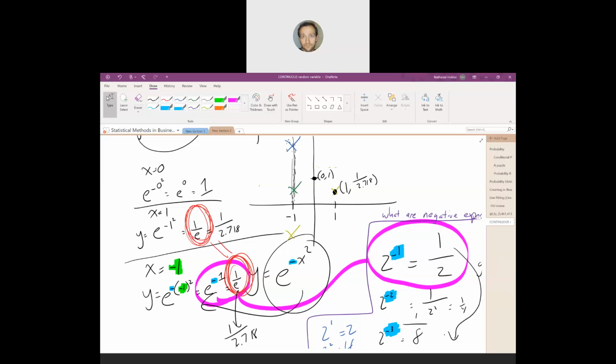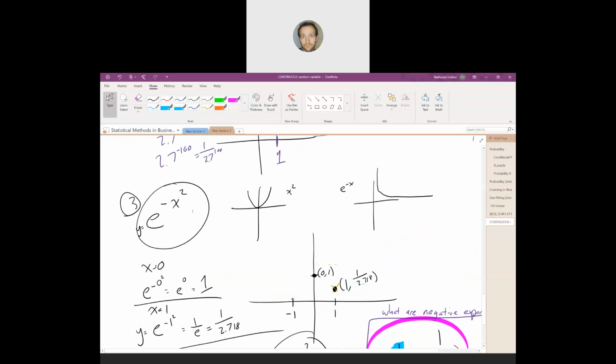Yeah, what's up, Professor? Great. Let me clean this up a little bit. So right now I'm just trying to draw this graph, e to the minus x squared. A good way to start is to just plug and chug: put in easy numbers and calculate where the points are, and then you connect the dots.